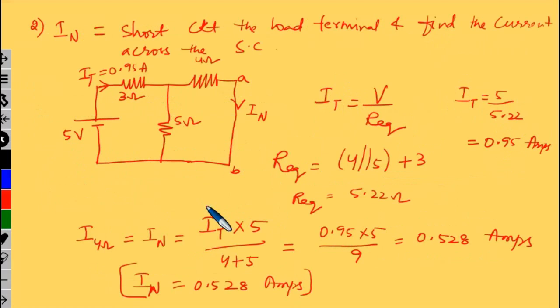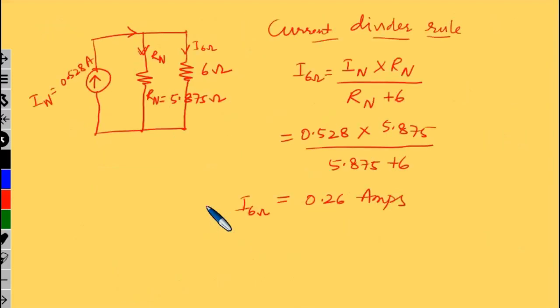Then to find Norton's current, we short circuit the load terminals and find the current flowing through them. That current is my Norton current. And to find the load current, we have a parallel combination of Norton current and Norton resistance connected across the load. This is how we find the Norton circuit for any given circuit.